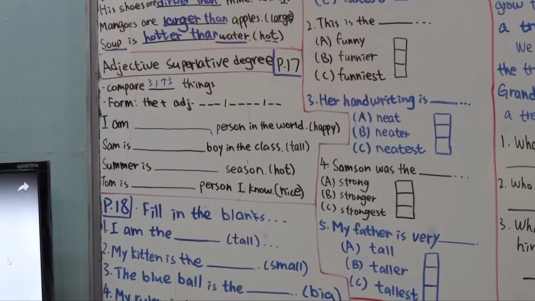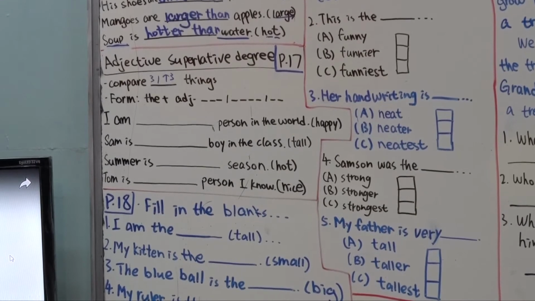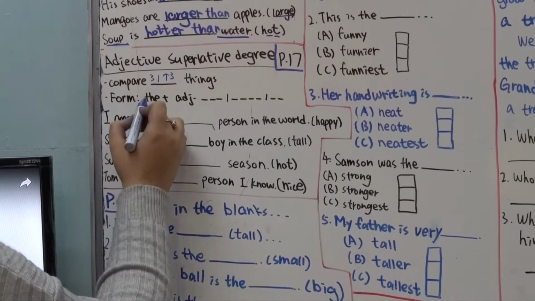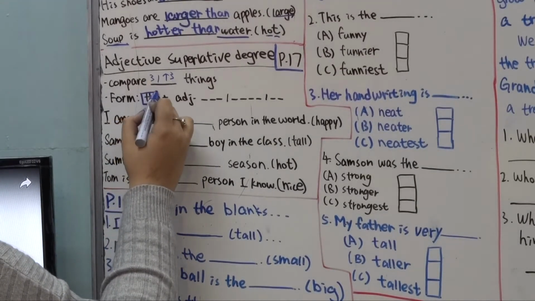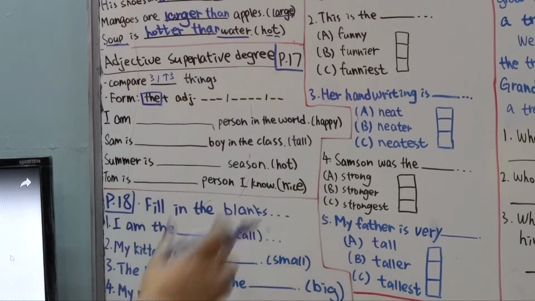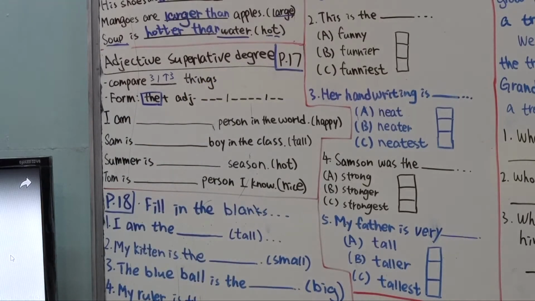So basically, the form of superlative adjective is we add the first, then we change the adjective, okay? In superlative, how do we change the adjective? We add the basic one. So in comparative, we add er, right?